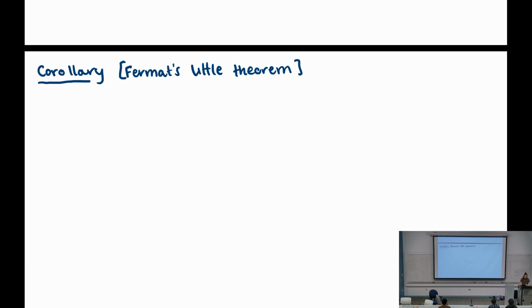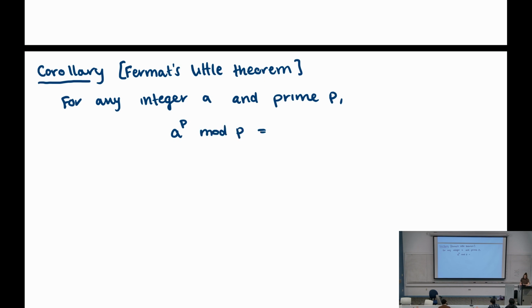And it says the following. For any integer a and a prime number p, we have the following: a to the p mod p is equal to a mod p.